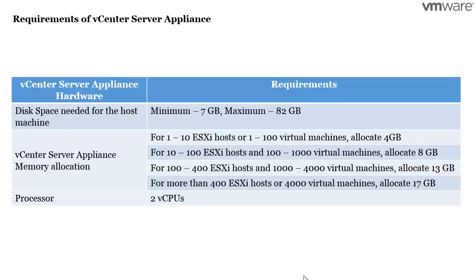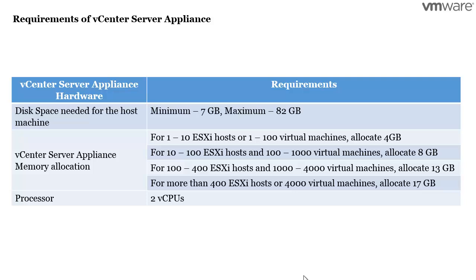So these are the requirements of vCenter Server Appliance. For the disk space, you need a minimum of 7 GB if you are thinly provisioning your disk, or if you are thickly provisioning your disk, you need a maximum of 82 GB. And for memory, if you are planning to run 1 to 10 ESXi hosts or 1 to 100 virtual machines, you need to have 4 GB of memory.